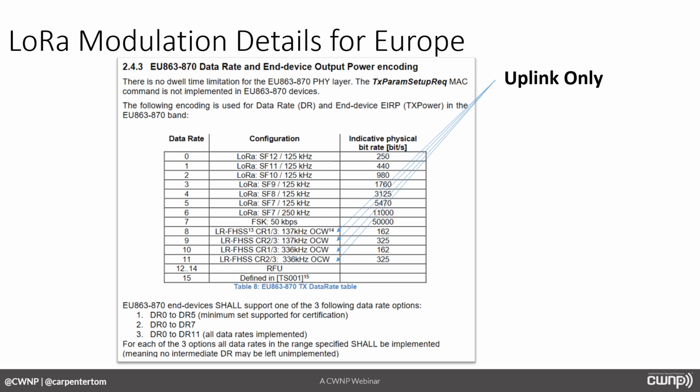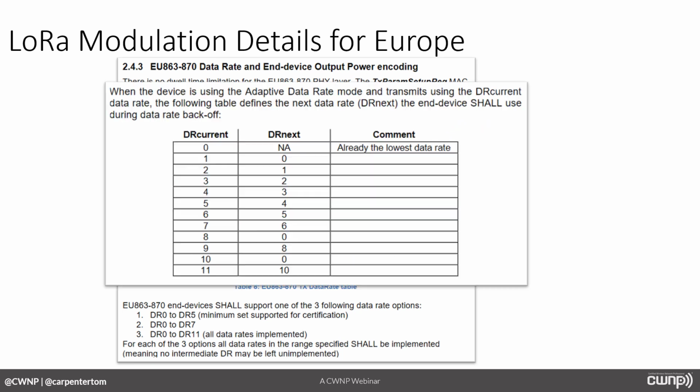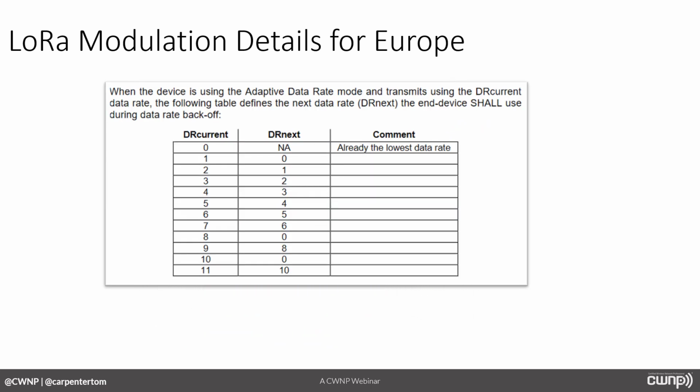So just so you know that difference is there. And if you are preparing for, say, the CWICP exam, we do not test on LR-FHSS on the exam. Our focus is on LoRa and FSK because those are predominantly the modulation methods that are used worldwide. So the document details are definitely worth taking a look at.